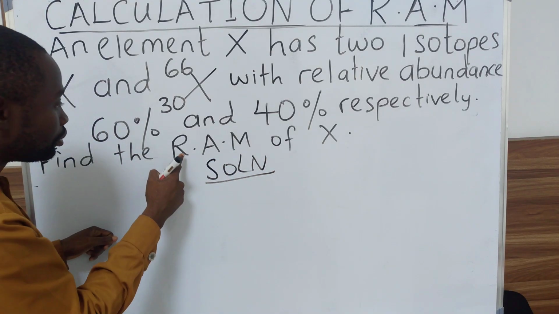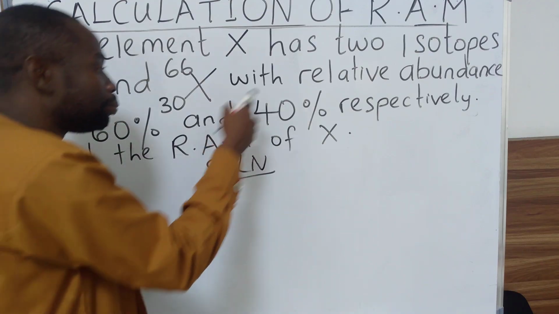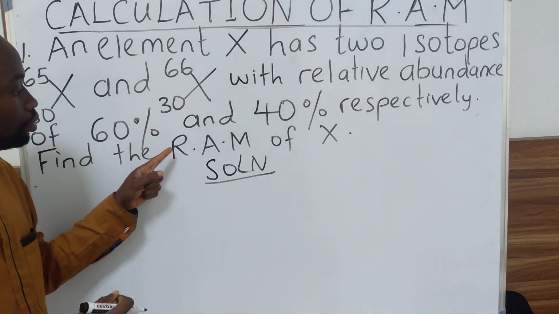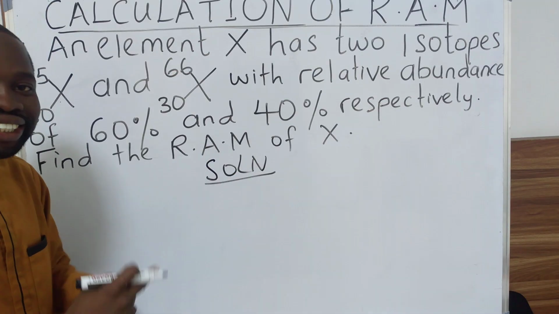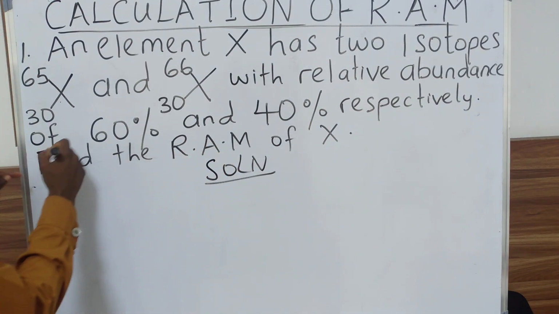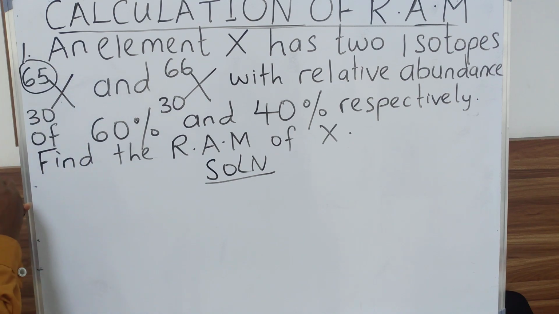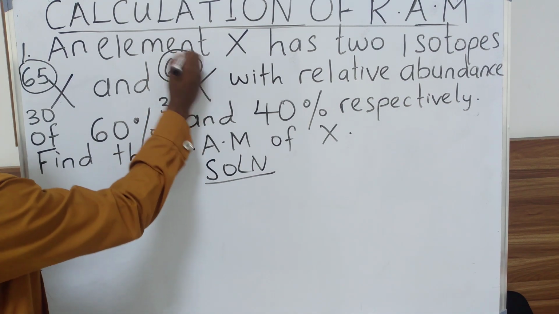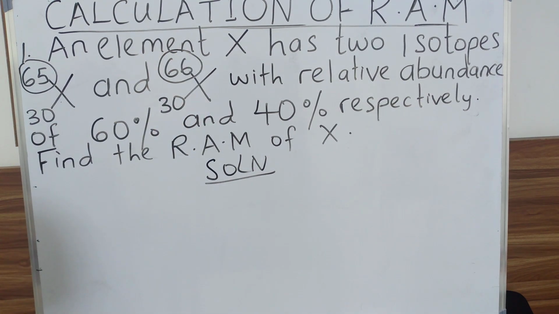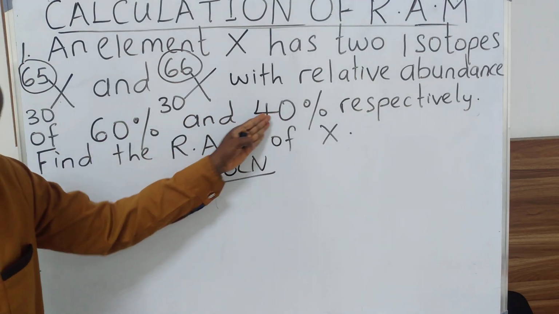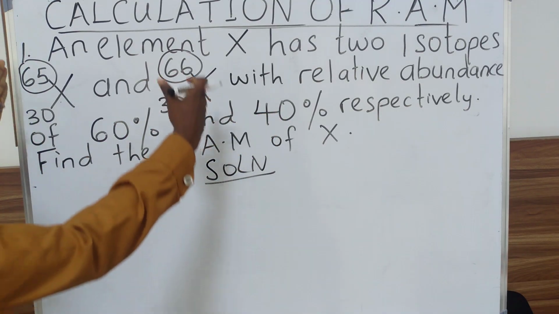From the name relative atomic mass, anytime you are calculating the relative atomic mass of any element, you use the atomic mass, the mass number, and the percentage composition of those isotopes.